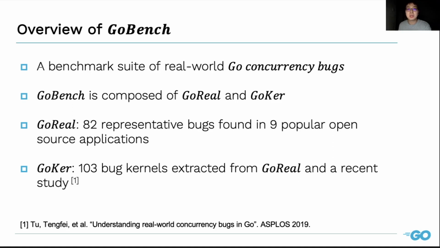At present, GoReal has 82 representative bugs found in 9 popular open-source applications. GoKernel has 103 kernels extracted from GoReal in a recent study.